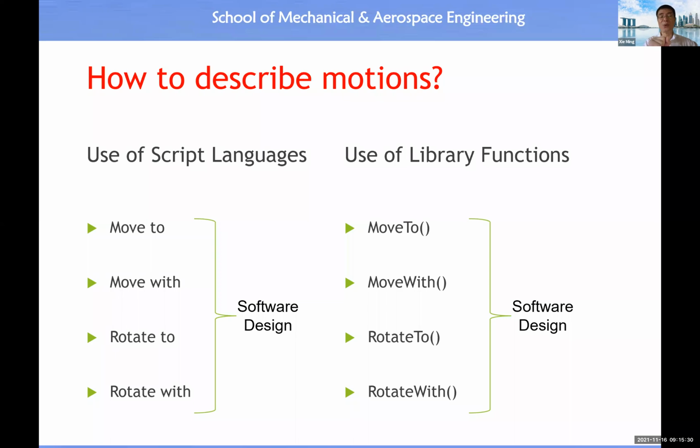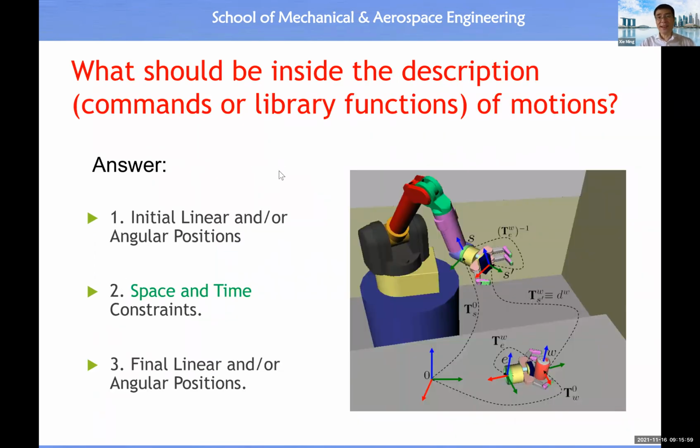So here immediately you see, what will be the focus of software design for robot? Then this slide shows you the answer. The key focus for the software design in robotics is to design script language or library function. Both of them will be used for motion description. And then what should be inside the description of the motion?